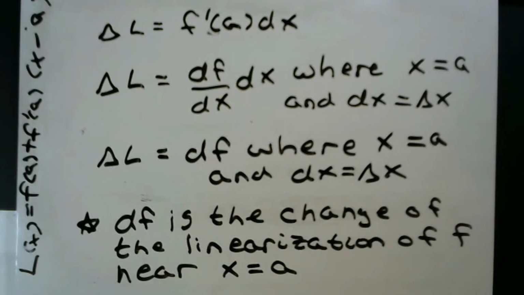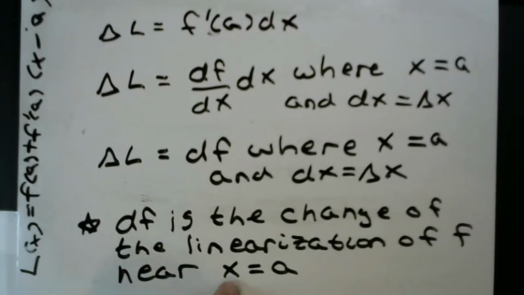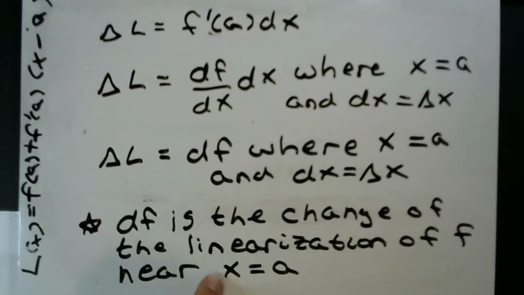So delta f is still the change of the function, but df is the change of the linearization near x equals a, because we compute the linearization near some x value. And again, if we move away from this, the accuracy of the linearization doesn't work.